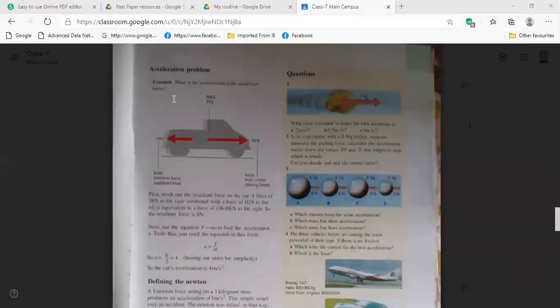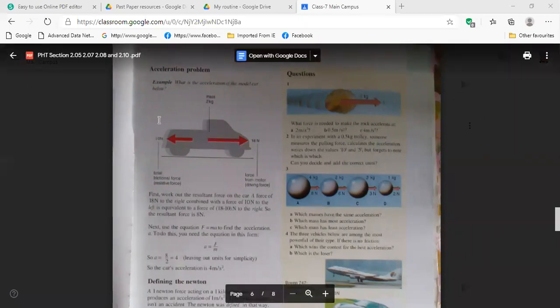So till here you understood, everyone? Sir, I couldn't understand the total friction force and total force from the motor. Excellent, very good. When you ask me, I am really happy. You should ask me if you have any confusion.